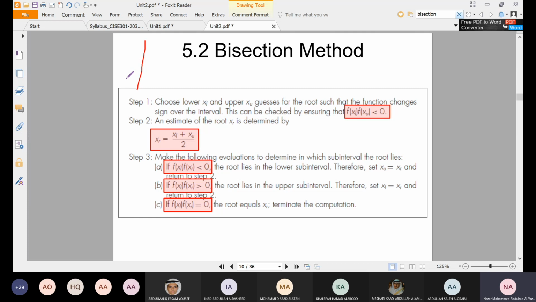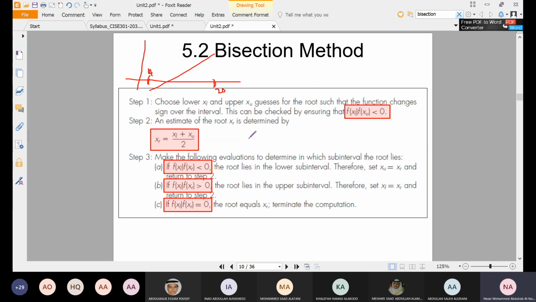For example, in the previous graph, we started from 4 to 20. This is our initial guess in the bisection method.